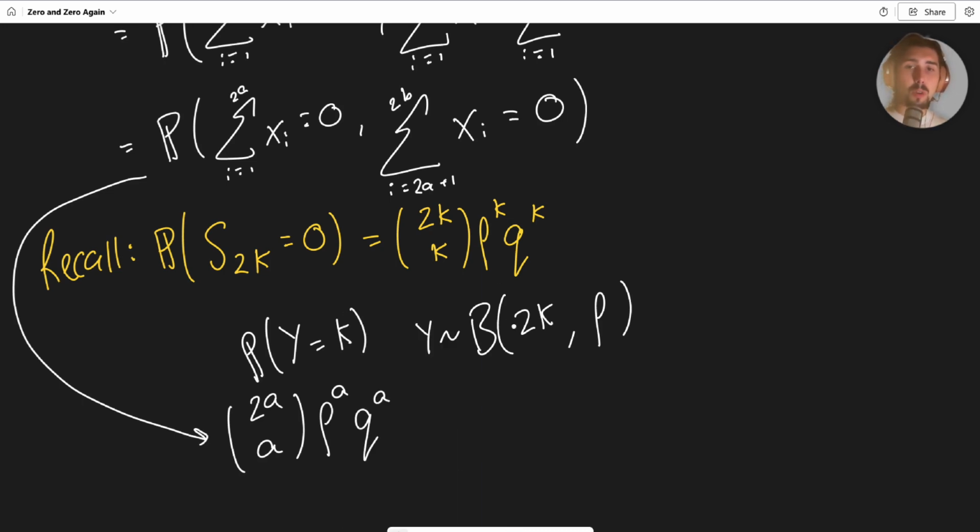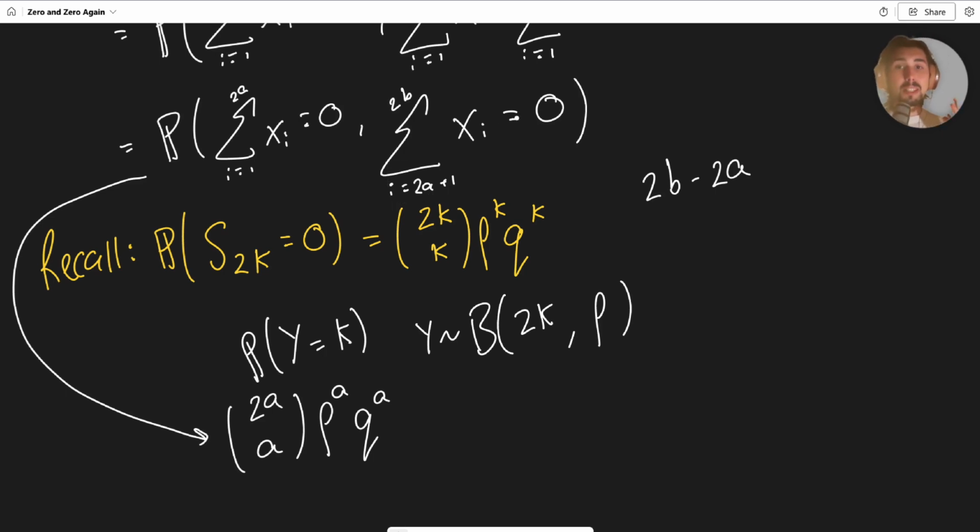Well, the number of total trials now is 2b minus 2a. This is basically the number of xi's in this sum. There are 2b minus 2a xi's. We don't know whether they're pluses or minuses, most likely some combination of both.